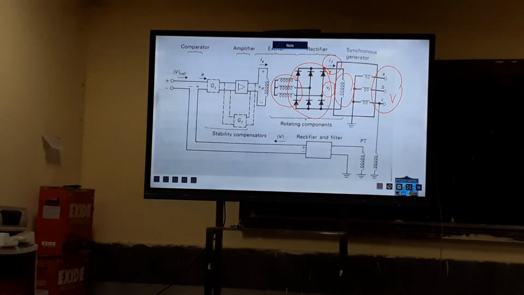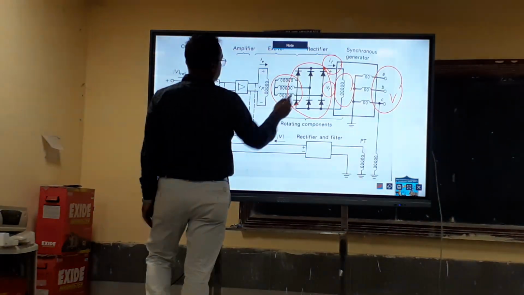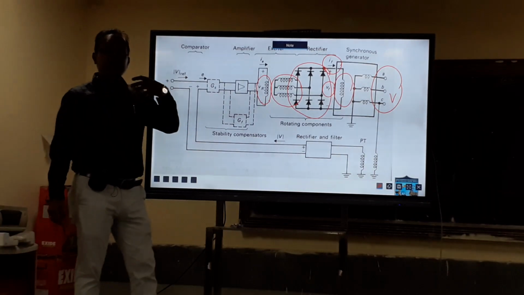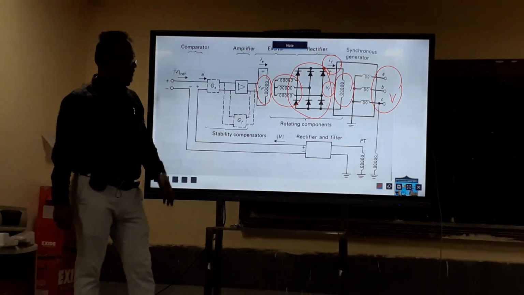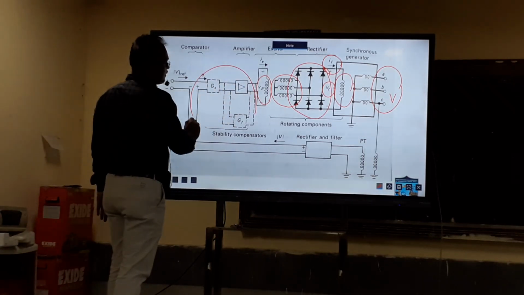But in this particular case, the exciter alternator, that means the small capacity alternator, its armature is rotating and is connected to the rectifier. Okay. And this is the exciter field, the field of this additional small capacity alternator, which is fed by means of this AVR.